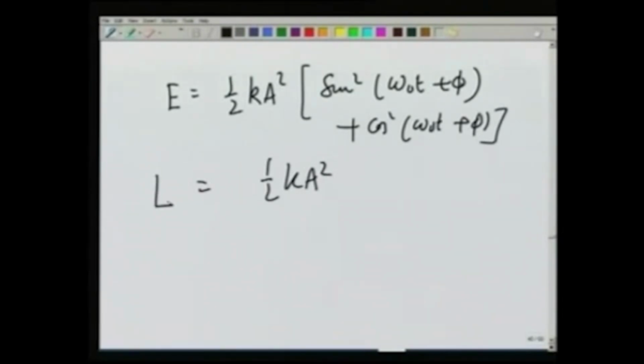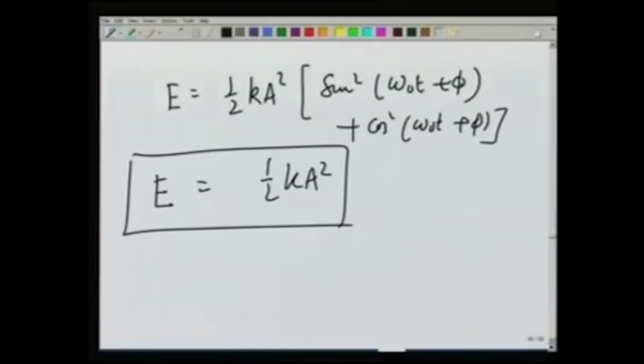So the total energy of the system at any given time is going to be equal to 1/2 k a square, which is sensible. If I displace the mass to its maximum displacement, then the velocity is 0, and therefore all the energy is potential energy, which is equal to 1/2 k a square.